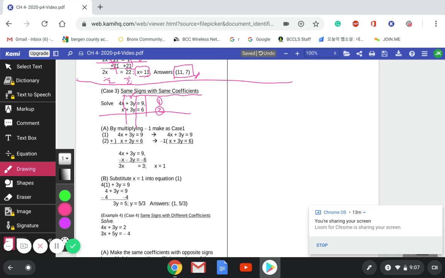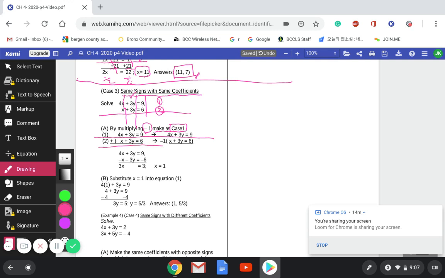So what I'm going to do is change the sign, because you already have the same coefficient. The way you change the sign is multiply negative 1 with one of the equations to make this whole thing a case 1 system of equations. So first one, you leave it as it is.